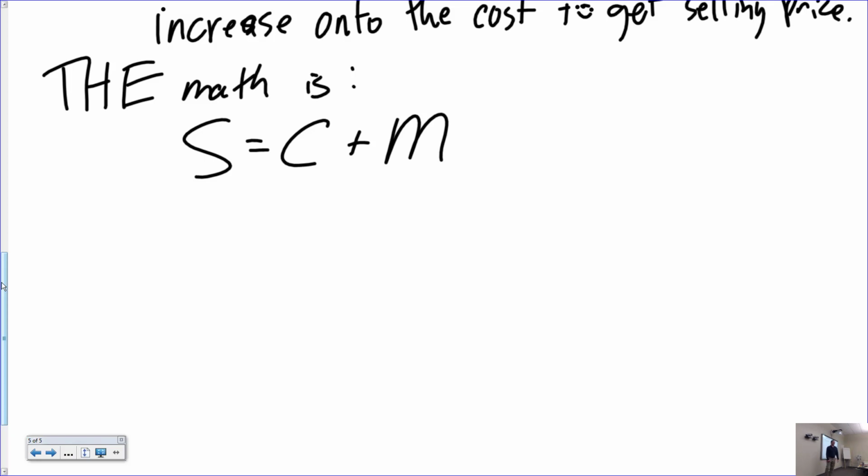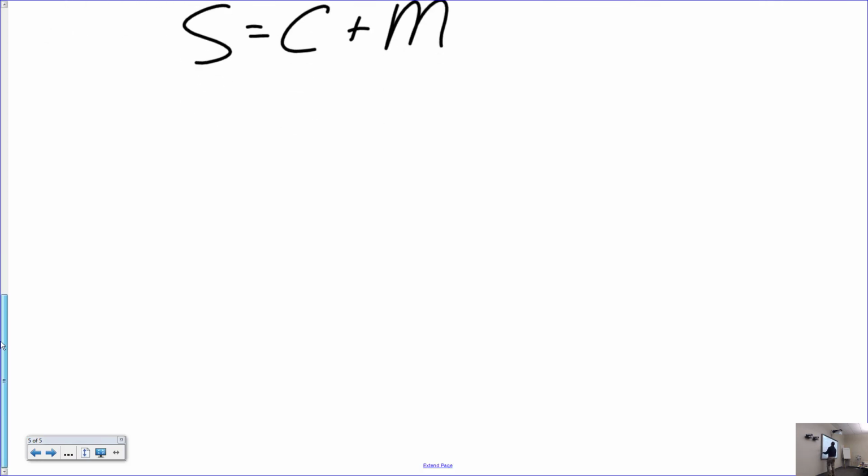Make it a percentage. Of course, because the markup is going to be a dollar amount, but I want the markup to be a percentage. Now here is where this part of it starts to get funky, okay? Because the markup is not always driven the same way, okay? There are 2 different flavors of markup.